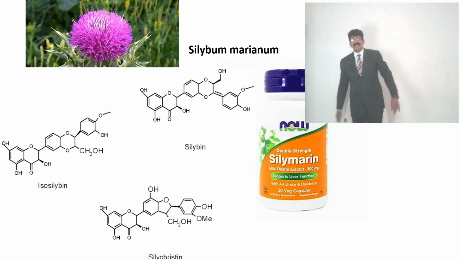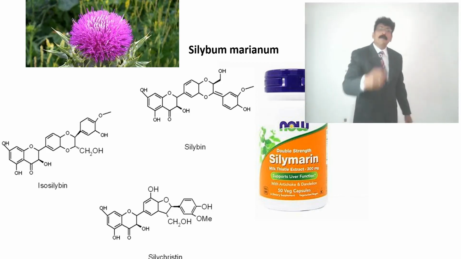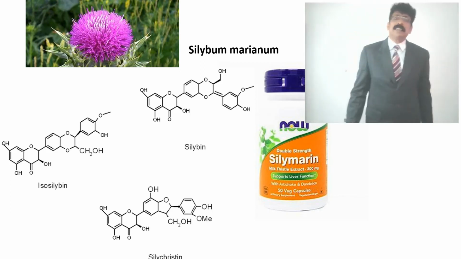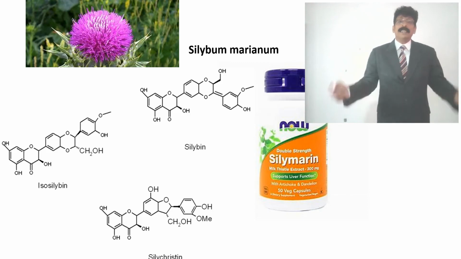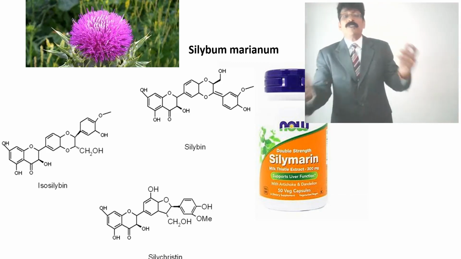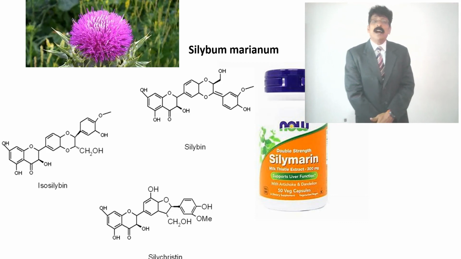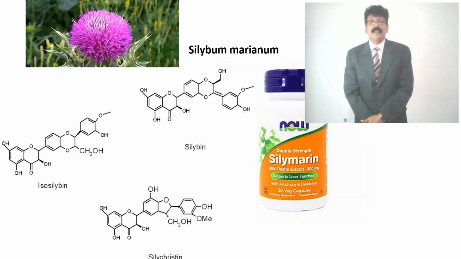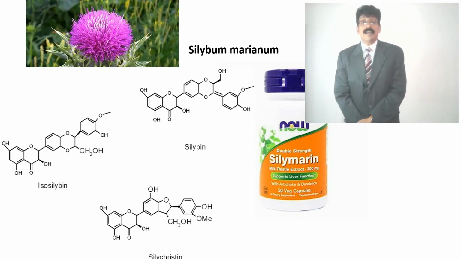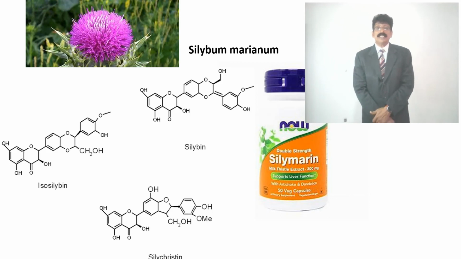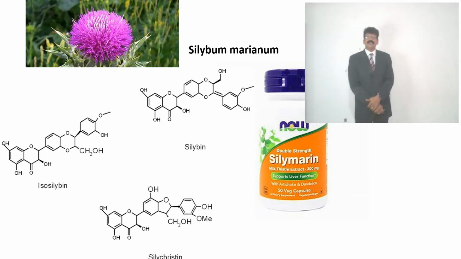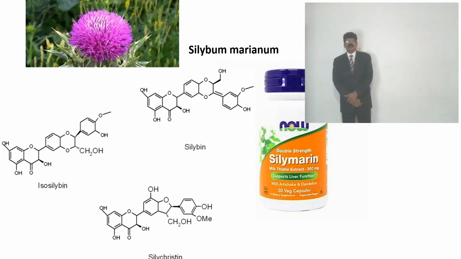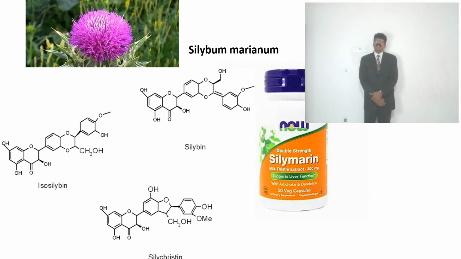When you see these structures, you have to see what the basic structure is and how many ring structures they have. All of them have OH groups, and they have a lactone ring with 2 OH groups, and they also have aromaticity. When you see silychristin, it even has a methoxy group, as well as alcoholic groups, as we have seen in carbohydrates.